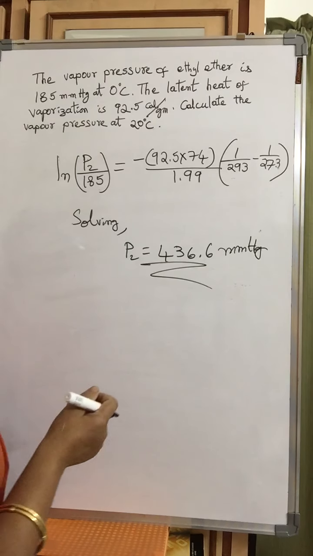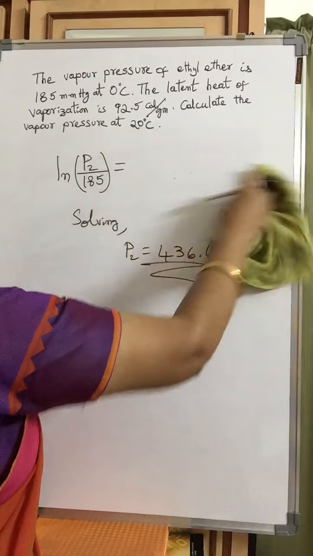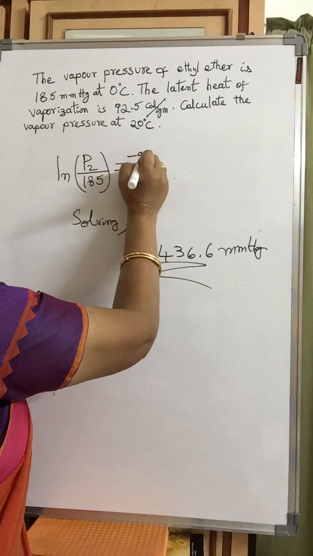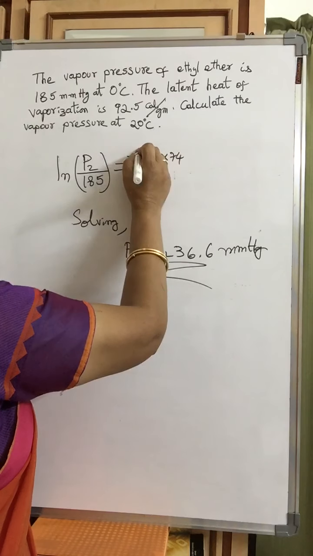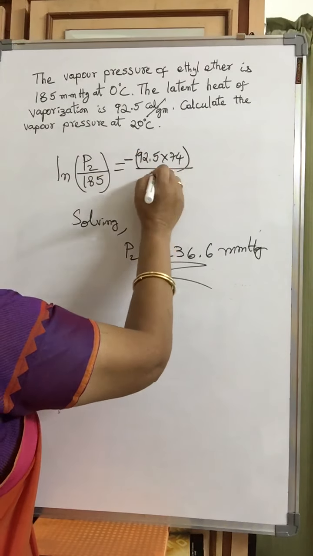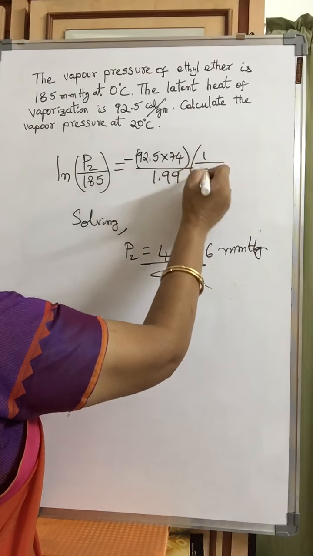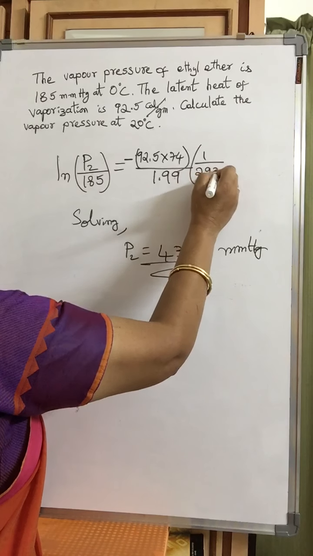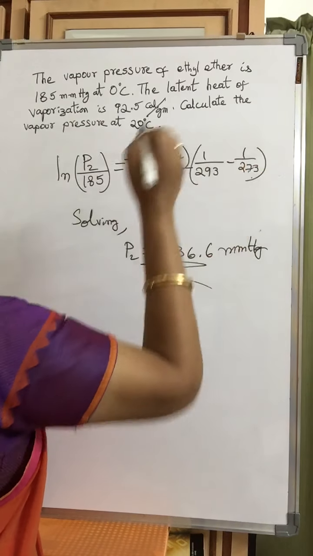Okay, so lambda by R into 1 by T2, 293, minus 1 by 273.